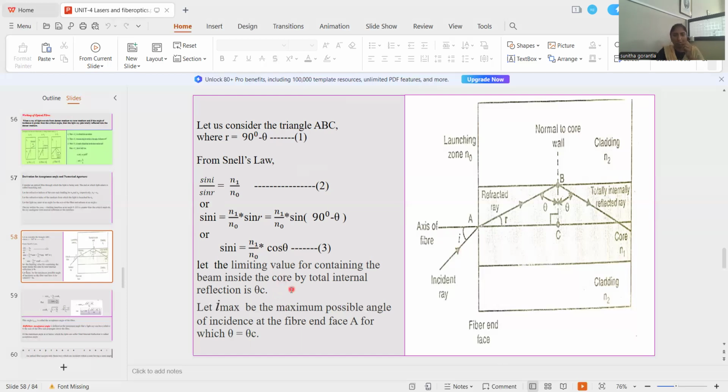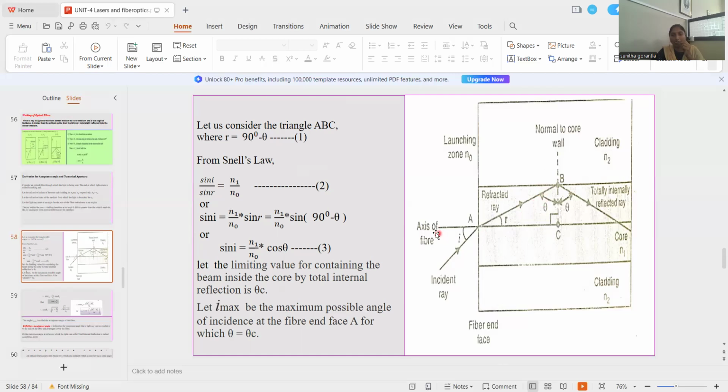The meaning of this is, when the light ray enters into the core with the acceptance angle, the light ray traverses along the core-cladding interface. When the light ray enters into the core at less than the acceptance angle, the angle of incidence theta is greater than the critical angle.